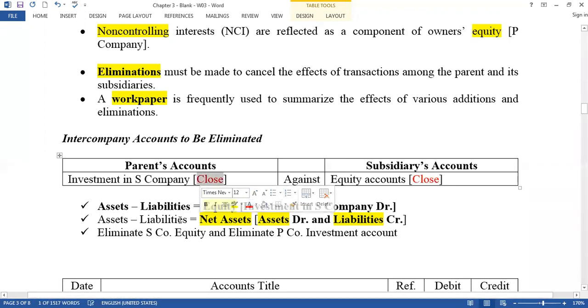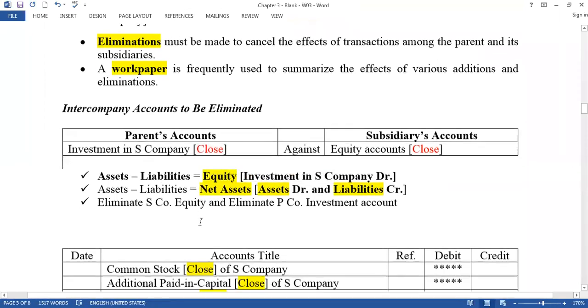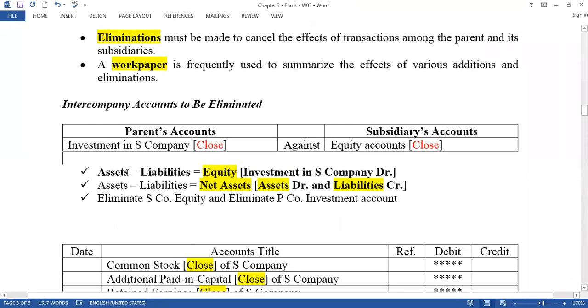Because when we consolidate the balance sheet, we acquire 100% asset of subsidiary company and 100% liability of subsidiary company. So asset minus liability is equal to equity. So if you record asset, you record liability, and again you record equity, it is called double counting, because in between it is equal.